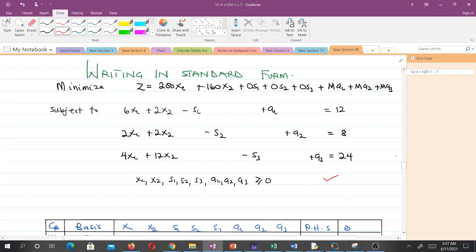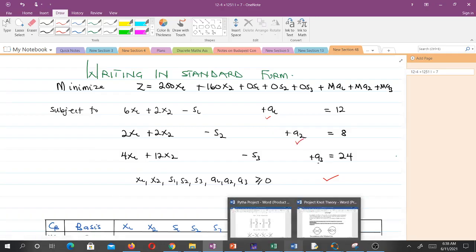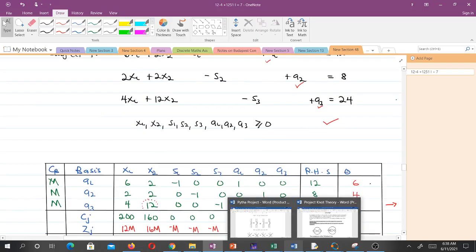You can pause the video and write it out and try to figure out why we got this, but we use the same concepts as the ones that we just did. So for the first constraint, our basis is going to be e1, here basis e2, and here basis e3.